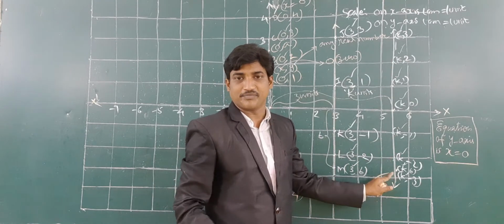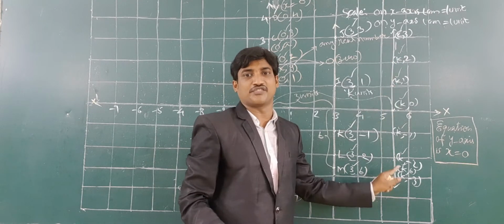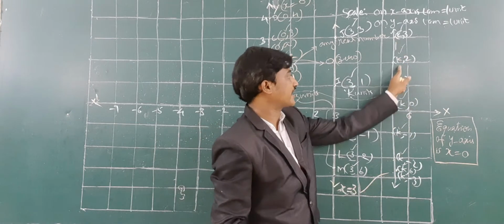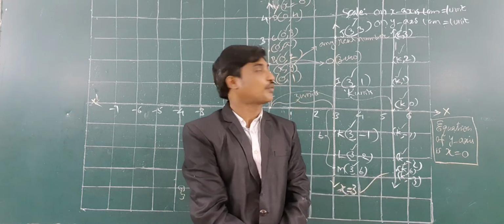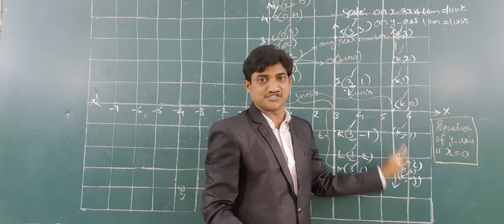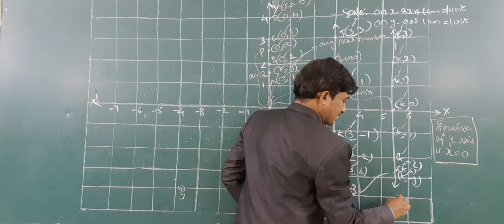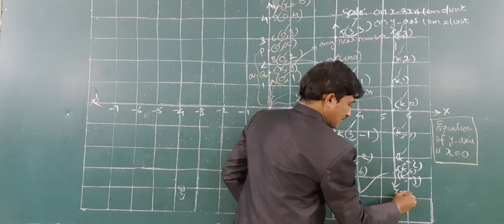Describing the line means describing every point on this line with x coordinate k. So the equation of this line can be described with the equation x is equal to k.